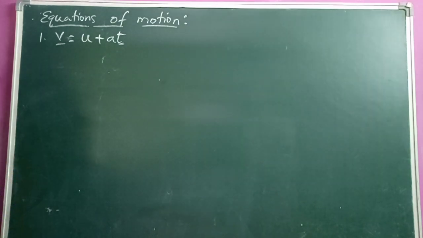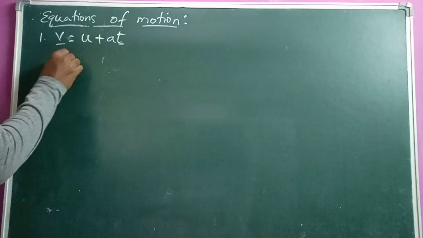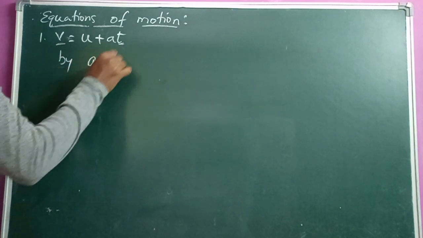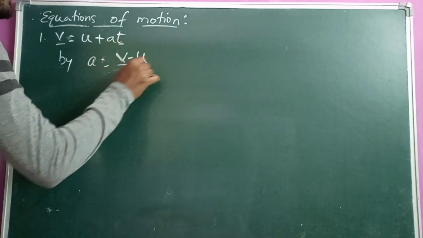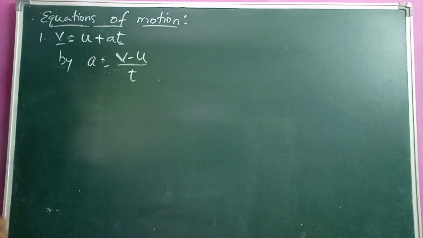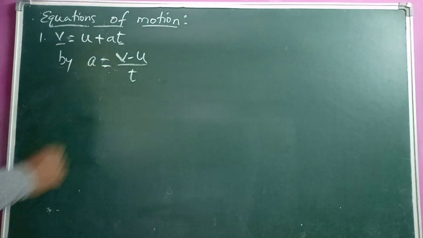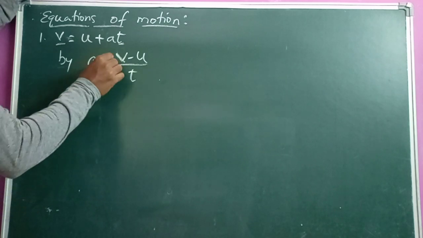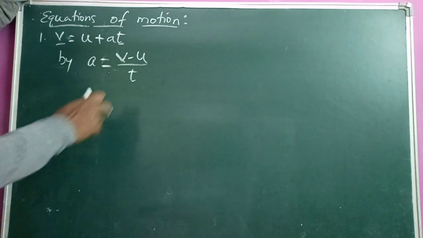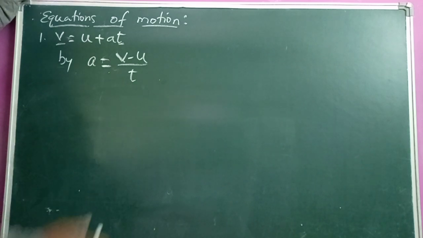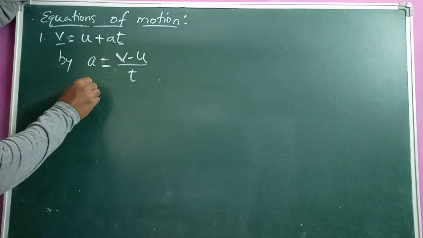So first equation is V is equal to U plus AT. So acceleration is equal to change in velocity by time. That means final velocity minus initial velocity by time. So we must convert this equation into the above equation. Here time is in division with change in velocity, so send this time towards the acceleration.